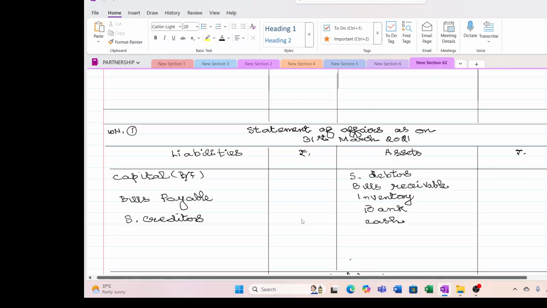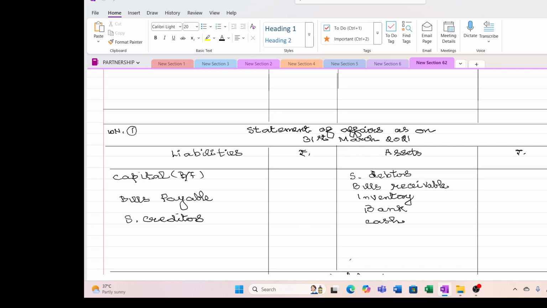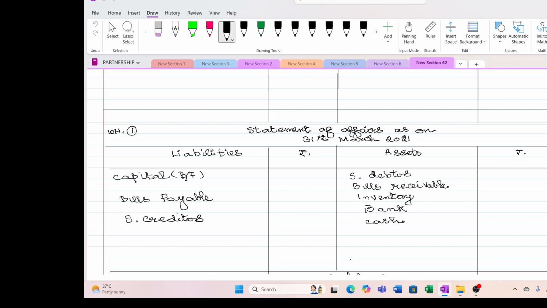You can screenshot that question. For convenience, I have already written the names, the description only. So sundry debtors in the opening is 70,000. Okay. Bills receivable is 15,000. Next item they have given, bills payable, that is 12,000.